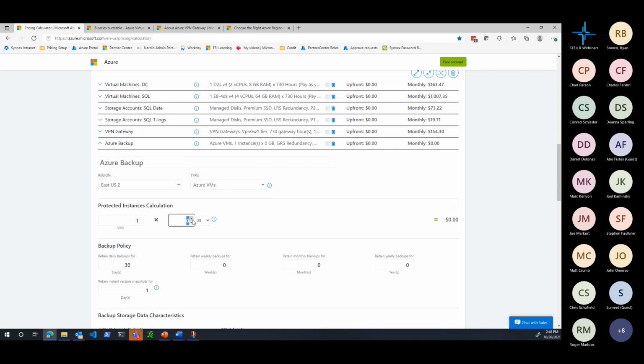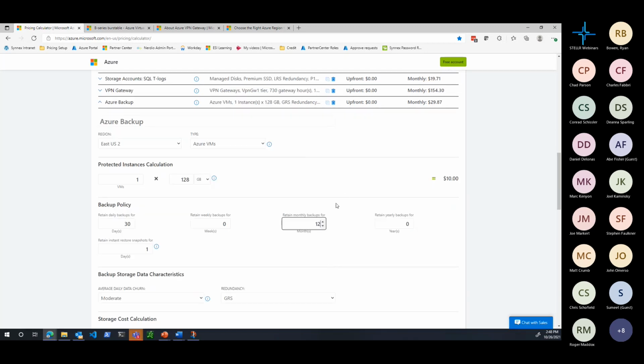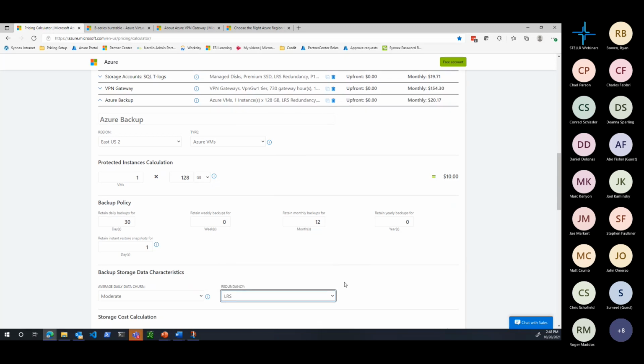So I have this one at 128 gigs, and I usually like to build out my backup policy. This is really important because this is going to determine how much storage is needed for your backup. We didn't talk about this under the storage counts, but redundancy, GRS stands for geographically redundant, meaning it's in two places. So you're going to pay double because it's being stored in two places. LRS is just locally redundant storage.